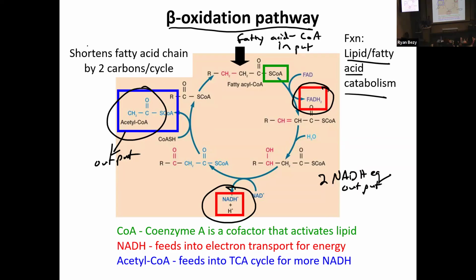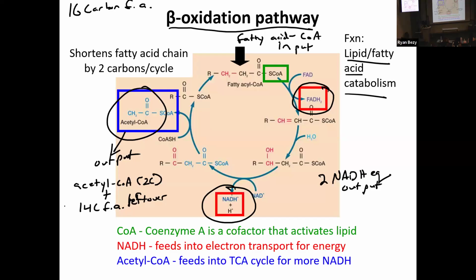There's also a leftover. So say you have a 16 carbon fatty acid that goes in. One time through the cycle, what you get is an acetyl-CoA. This is a 2 carbon acetyl group, but you also get a 14 carbon fatty acid left over. Turns out that 14 carbon fatty acid can just go right back into the beta oxidation pathway.